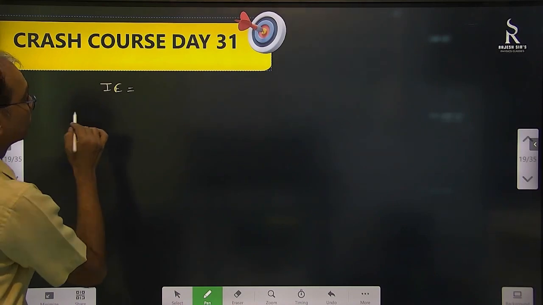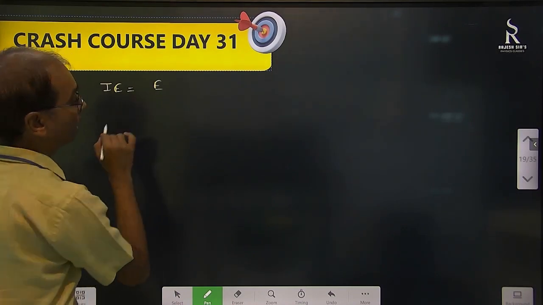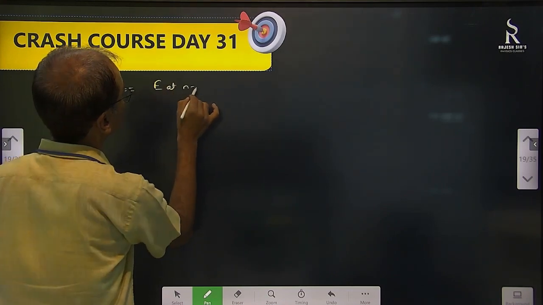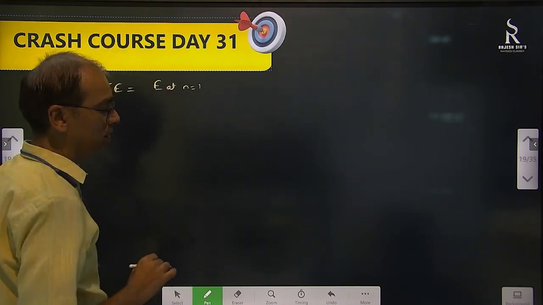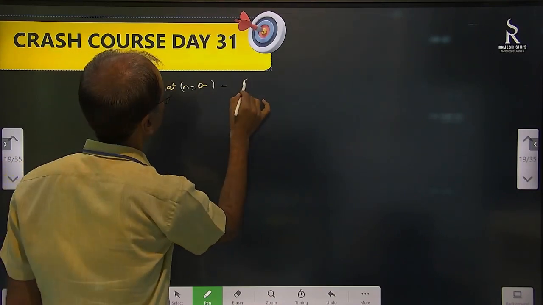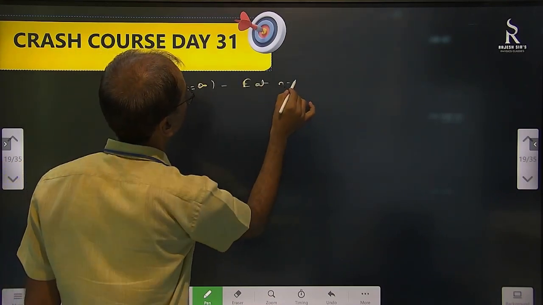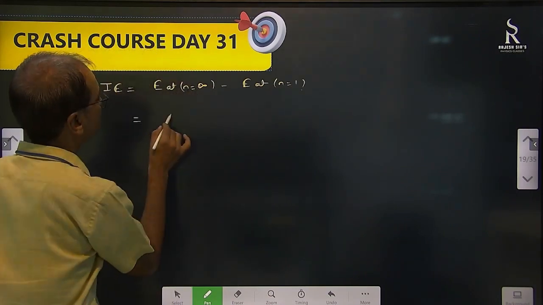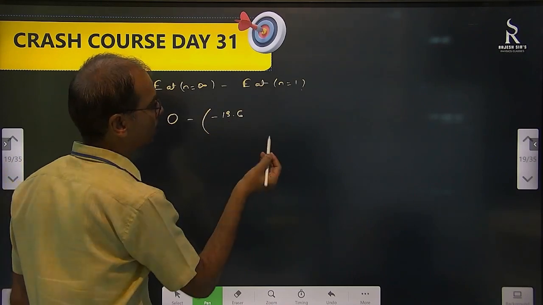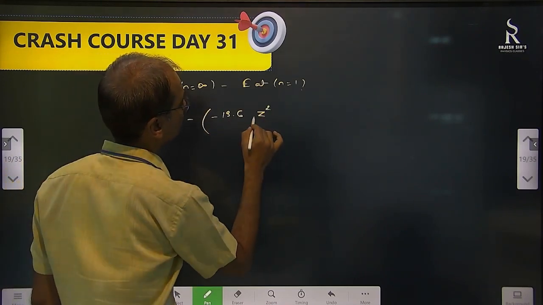So what is it? Energy at n equal to 1, final minus initial: n equal to infinity minus energy at n equal to 1. So energy at infinity is 0 minus 13.6 Z square by n square.